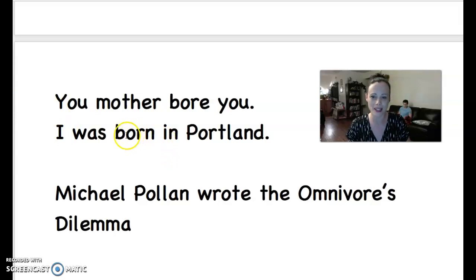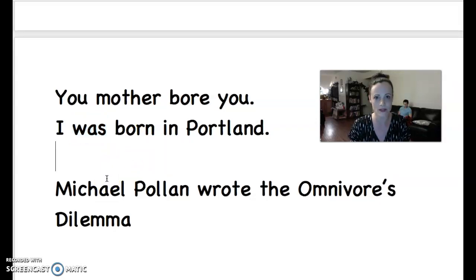So this is the past participle of the verb bear, to give birth. Bore is the past tense, and so I'm using the past here. I was. So I was born. I was birthed by my mother. So we say that all the time without thinking about using the passive voice, but that's what we're doing.